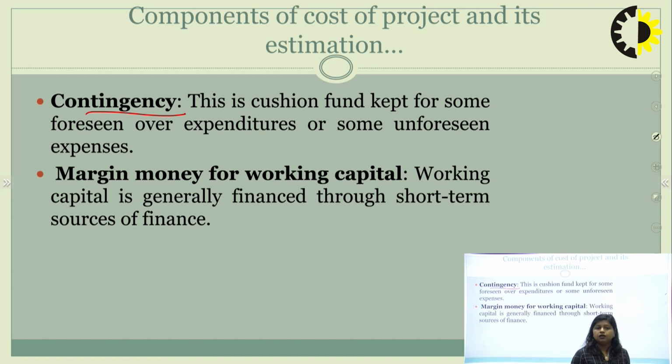From the start till the completion or commercialization of the project, we need to estimate what amount of money we need to incur, because the cost of the overall project depends on these heads.